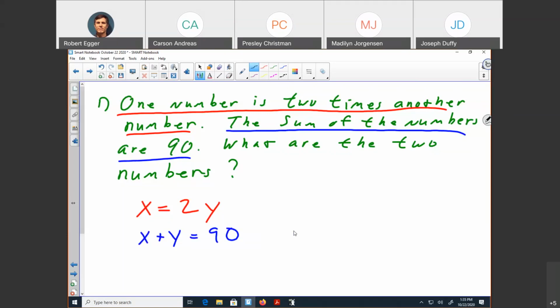The key to what we're going to do now is the fact that whatever the value for x is in this equation, be it a 1, 2, or 3, has to be the same as in this one. So the value 20 that satisfies the first equation, x equals 20, has to satisfy the second equation too.